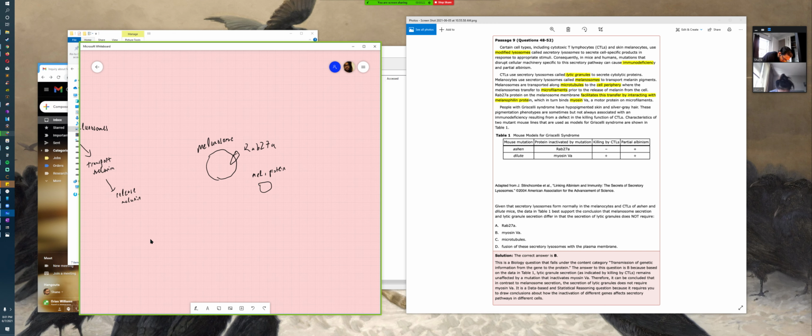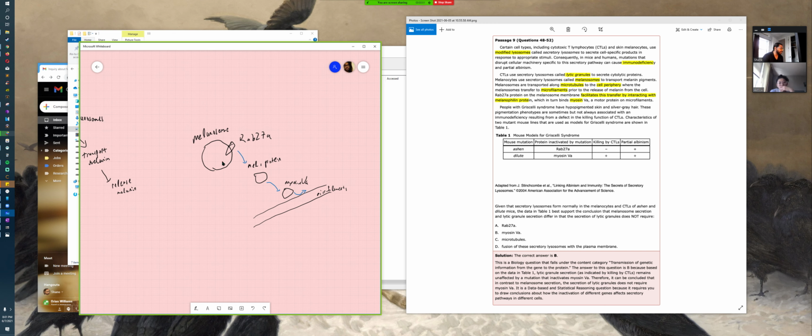So I drew something like this. The melanosome has Rab27A on its membrane, which interacts with this melanophilin protein, which binds to the myosin VA, which is a motor protein on the microfilaments.